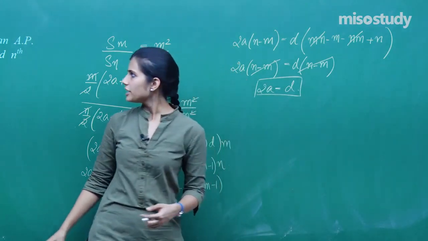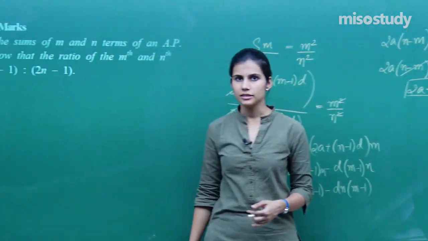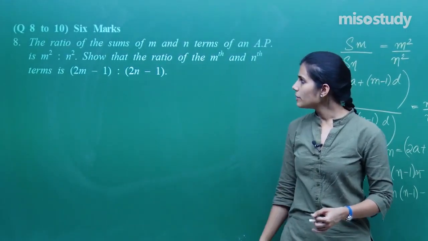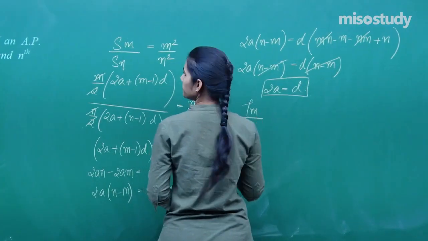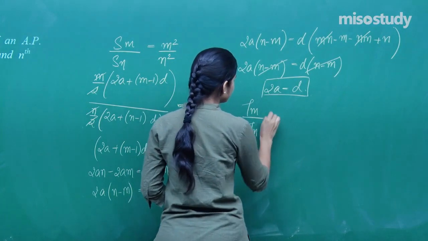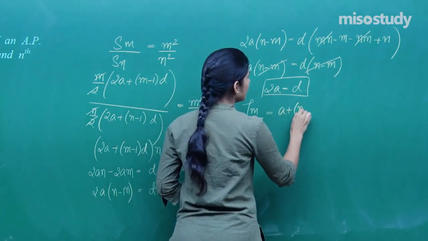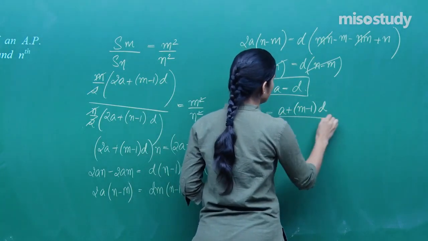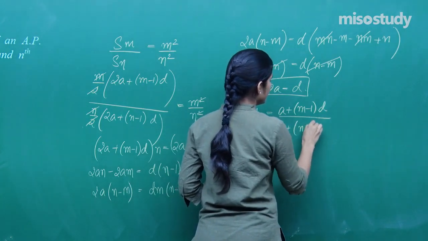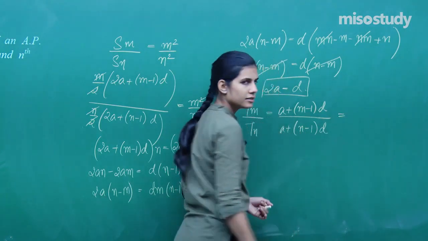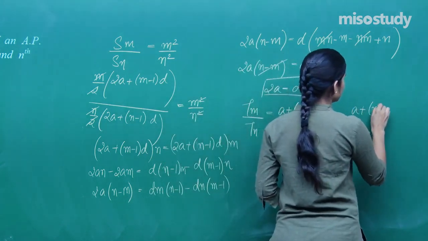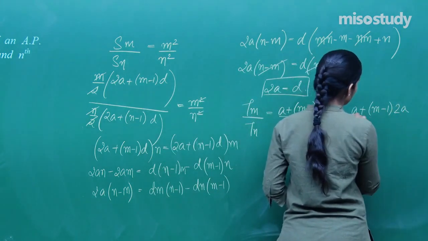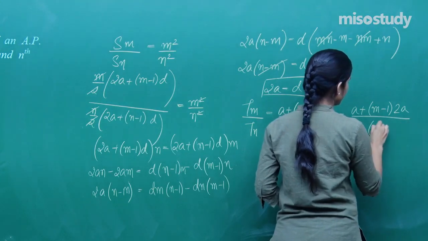I need to find the ratio of the mth and the nth term and prove it to be equal to 2m minus 1 is to 2n minus 1. Ratio of the mth term with the nth term, that is a plus m minus 1 d upon a plus n minus 1 d. d is given as 2a. Again d is given as 2a.